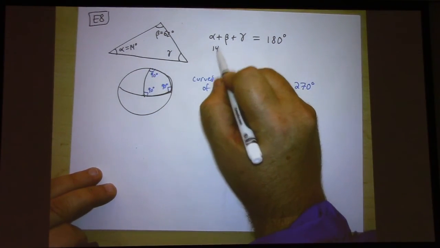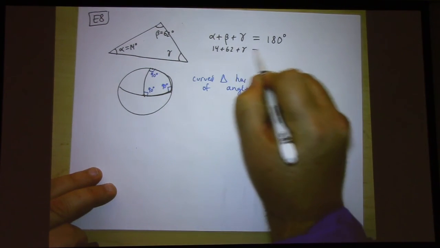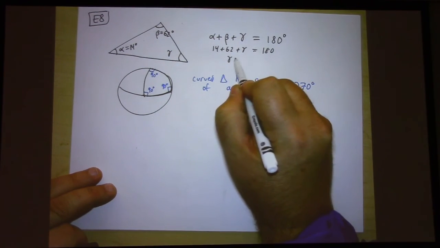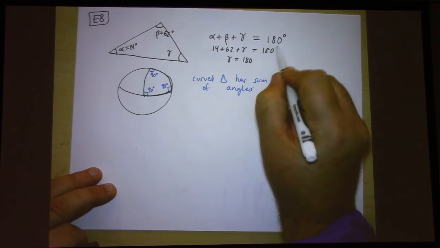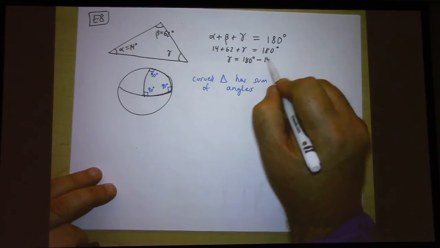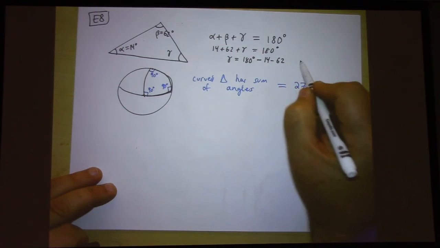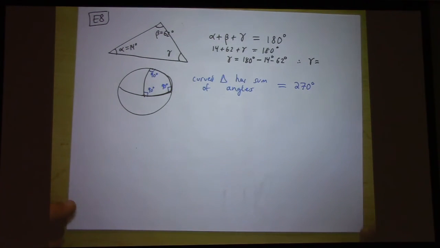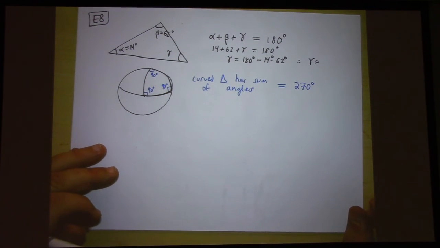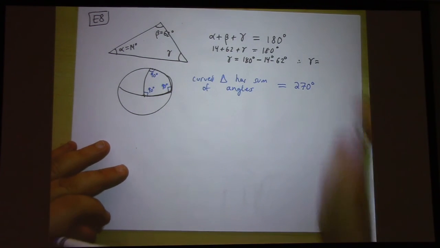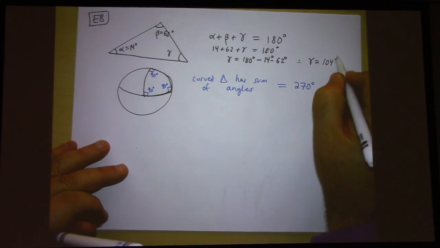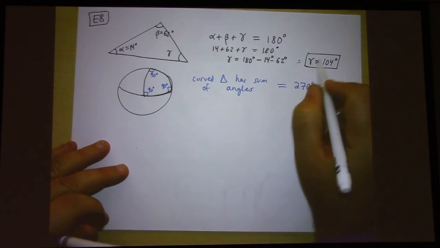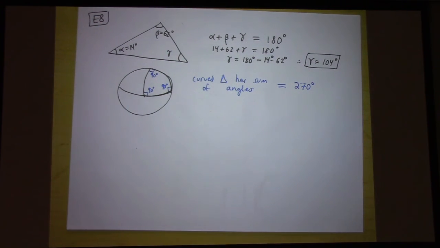We've got 14 plus 62 plus gamma equals 180, which tells me that gamma is 180 degrees minus 14 minus 62, which means the angle that I'm missing is 104 degrees, right? Does that make sense? So we have to find the third angle so that the sum of the angles is 180 degrees, because we're not talking about some crazy curved triangle.